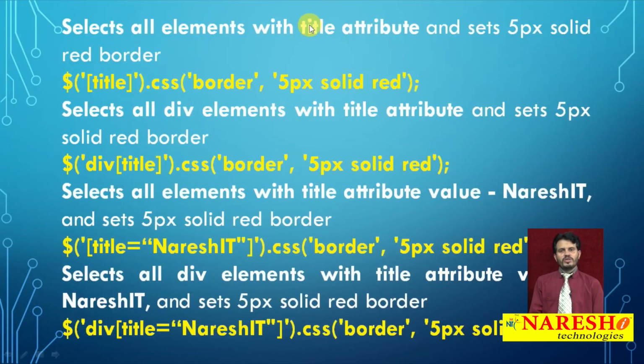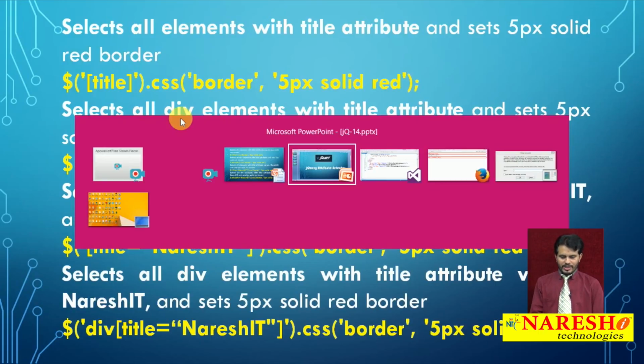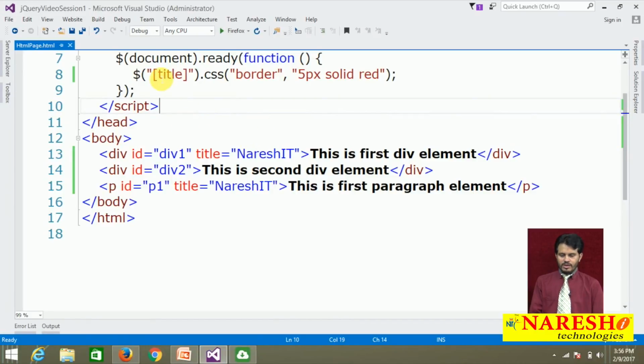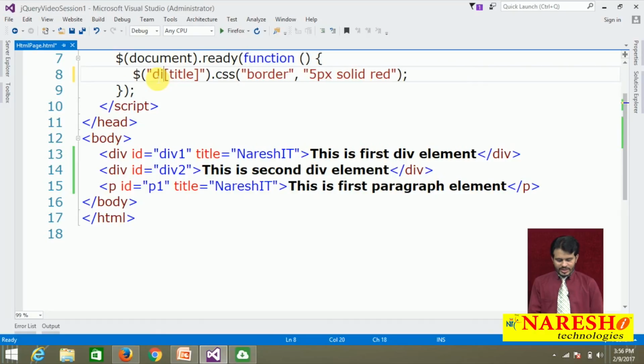Here it is not mentioned which elements, only that the element should be a div element. So let me apply that. Here I mention dollar of div, which means all elements matched by div, and those div elements must have the attribute called title. On them the same CSS must be applied.